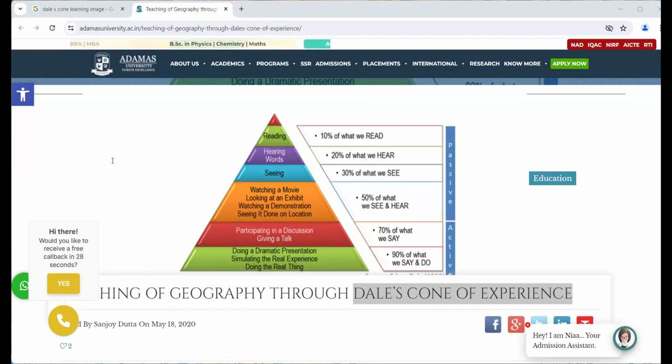And teacher preparation. Which model needs a lot of preparation? Which model needs less preparation when it comes to the teacher? 5E model, I think, needs more teacher preparation.